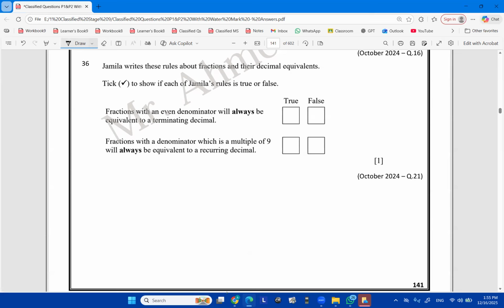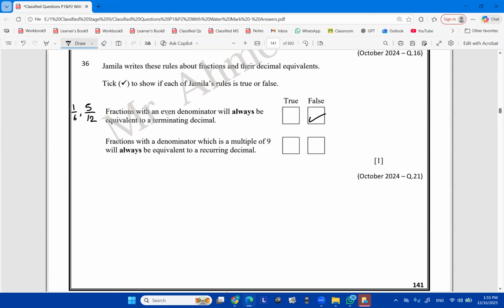No, mister, that's not true, because if I say to you 5 over 12, for example, sorry, why am I saying 12 and writing 16? 5 over 12, for example, the denominator has a prime factor other than 2 and 5. It will be recurring, mister, and even 1 over 6, mister. You see that? 1 over 6, mister, is also recurring. So no, always will be equivalent to a terminating decimal.